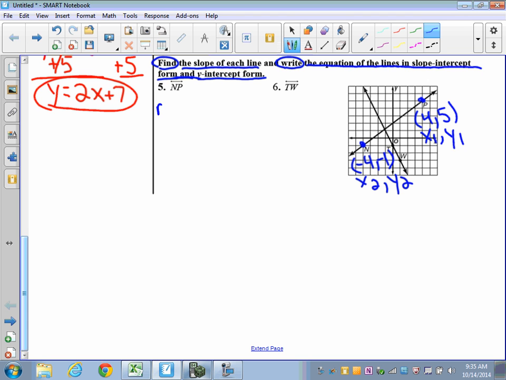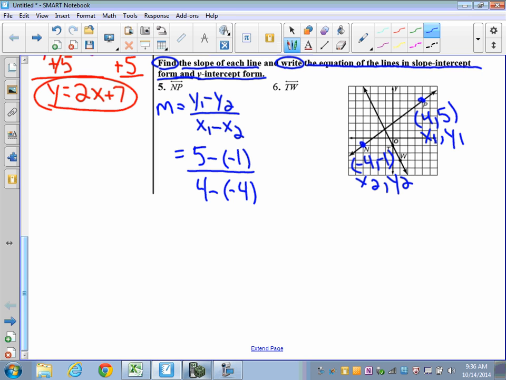So for number 5, the first thing is find the slope. So remember, the formula for slope was y1 minus y2 over x1 minus x2. Whenever I plug those in, I get 5 minus -1 over 4 minus -4.